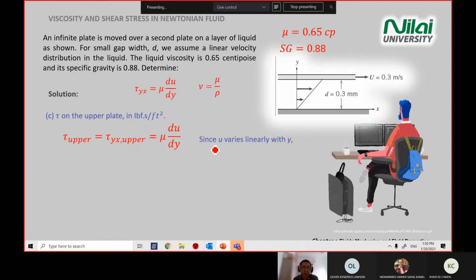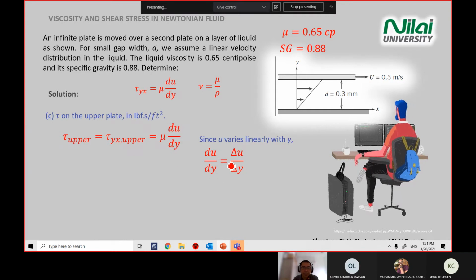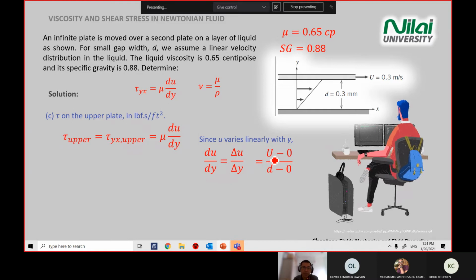Because the velocity is linear with y, we can write du over dy equal to del u over del y. What del u means is we take the velocity at the end minus the beginning velocity, divided by the distance at the end minus the reference distance. So we have U minus D.